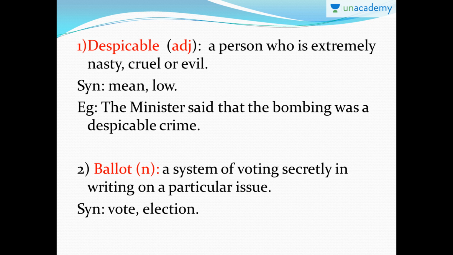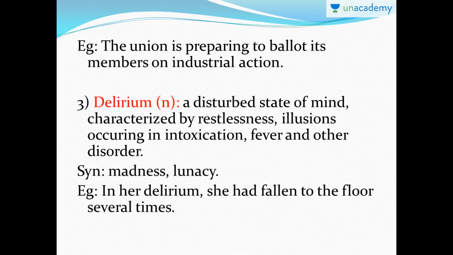The synonyms of ballot are vote, election. Let's look into an example. The union is preparing to ballot its members on industrial action. That means the union is preparing to have its members vote on industrial action, but in a very secret way, in writing on a particular issue. The particular issue here is industrial action.